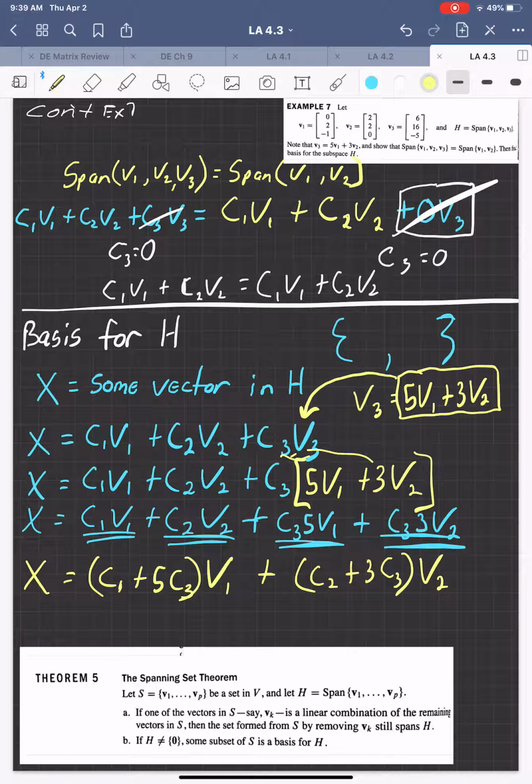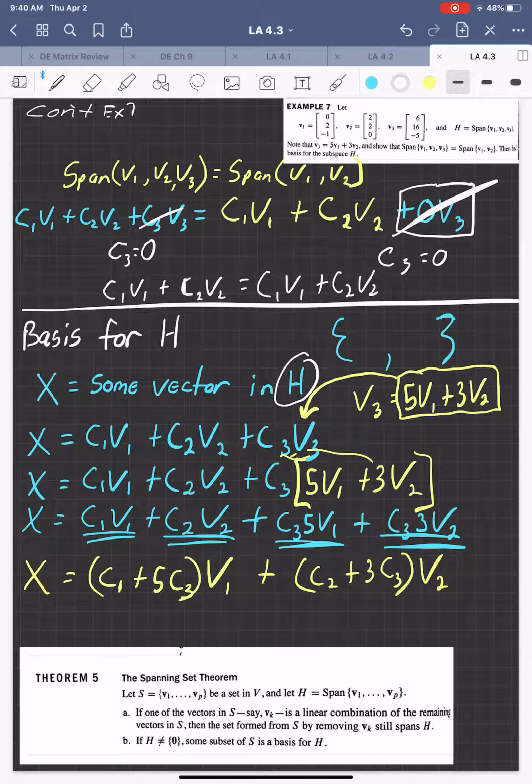Okay, at this stage of the game, we start to forget what we're even trying to do. What we were trying to do is find a basis where I can reach any point in the subspace H.